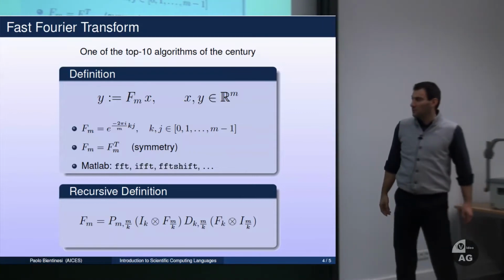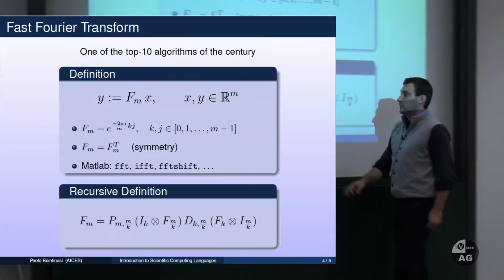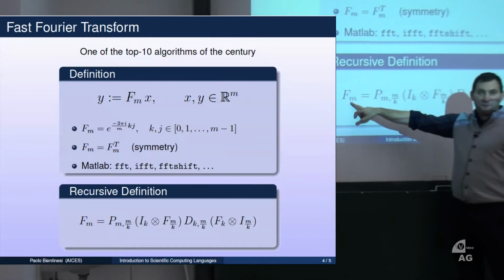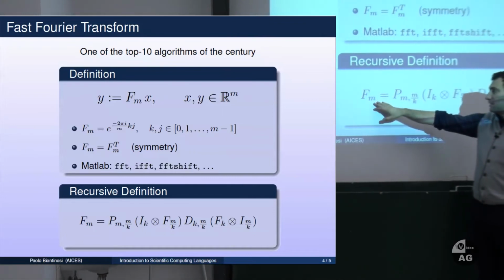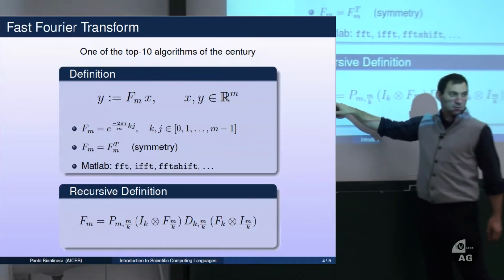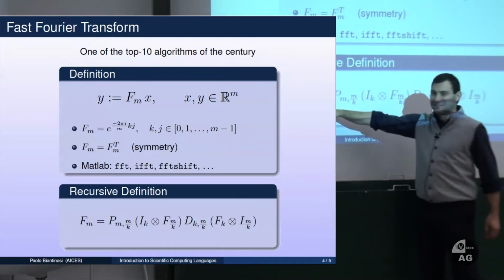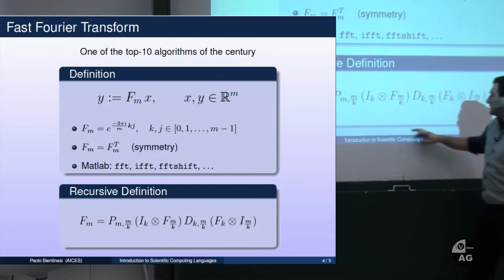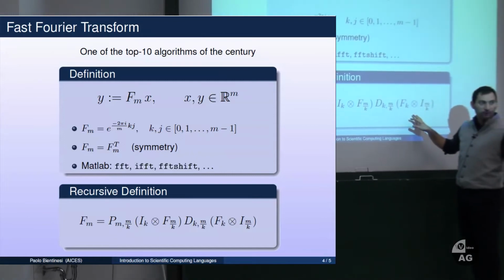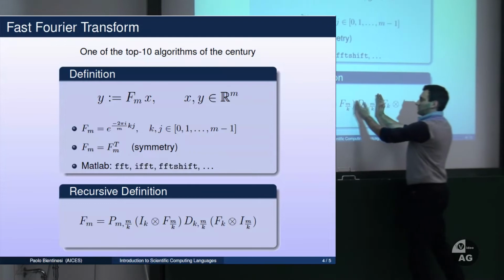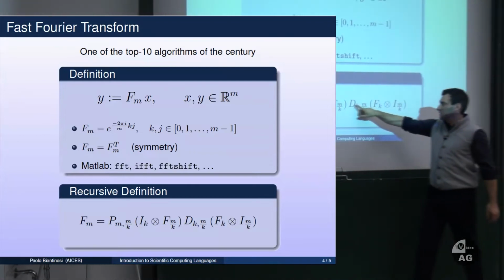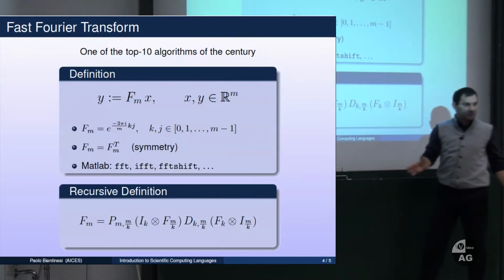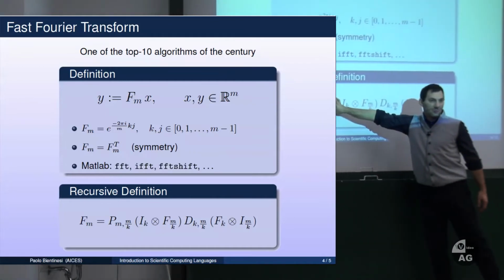What this definition shows is, I want to compute a Fourier transform of size m. What does it mean? This is a matrix. I can express this matrix as the product of 4 matrices: matrix 1, matrix 2, matrix 3, matrix 4. Notice that these products are the standard products, so all of these are known matrices to you.